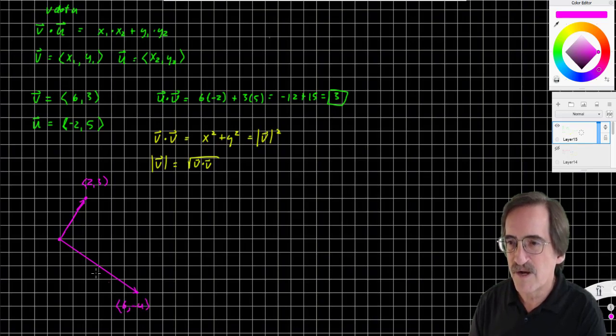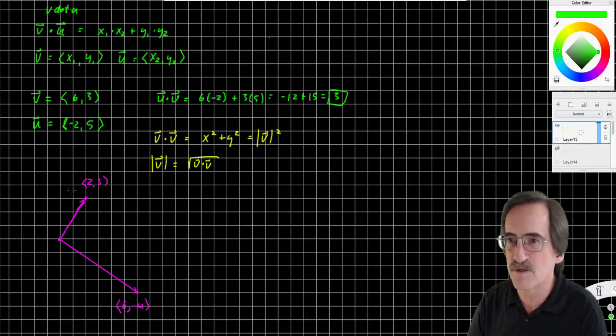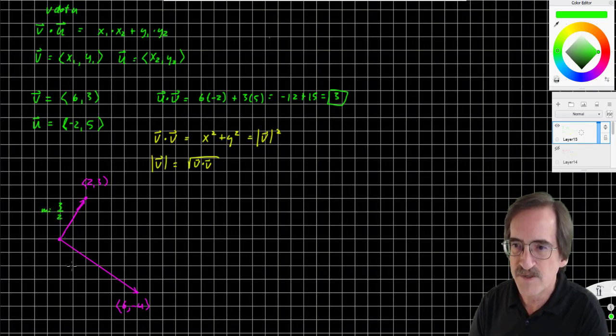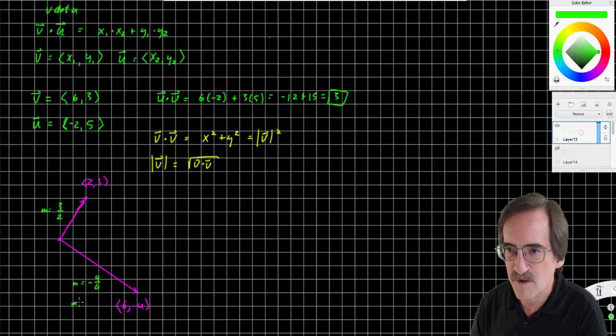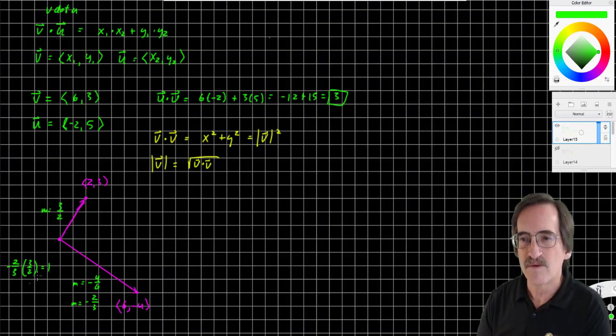Okay, and think about the angle between these. If we had to think of this in terms of slope, this has a slope of 3 over 2. This has a slope of -4 over 6, which reduces to -2 over 3. Now remember what you know about slopes. These slopes are negative reciprocals of each other. -2/3 times 3/2 is -1. Okay, they are perpendicular.